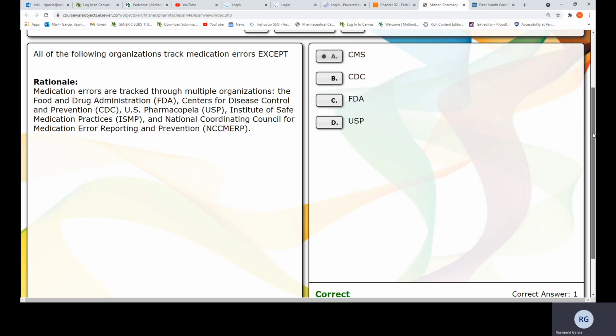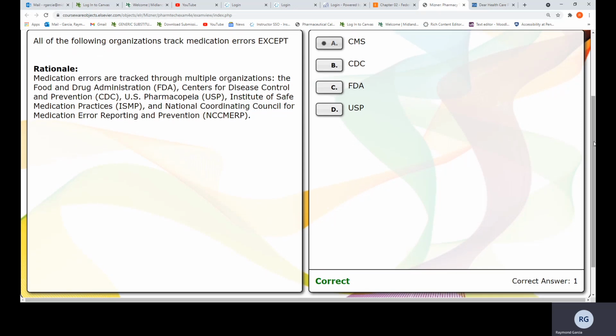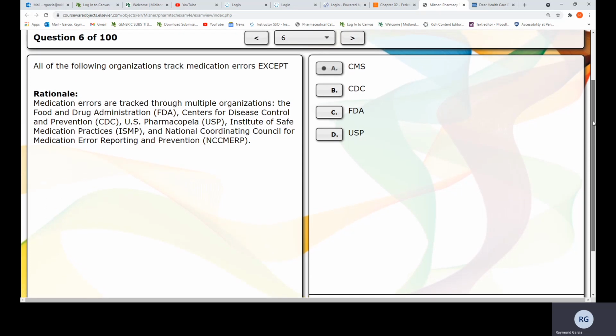So CMS is the wrong one. I'm looking that one up. I guess it's Centers for Medicare and Medicaid Services. That's what the acronym shows.